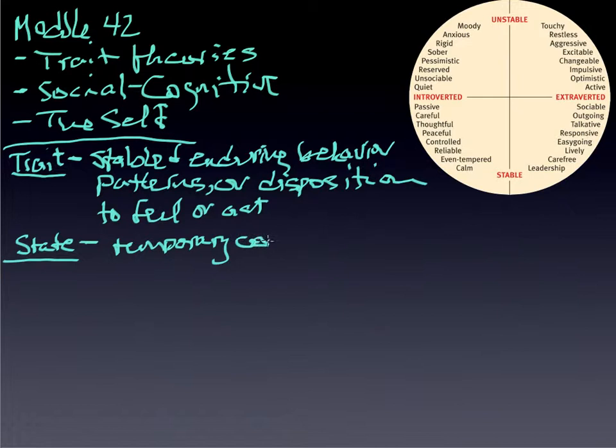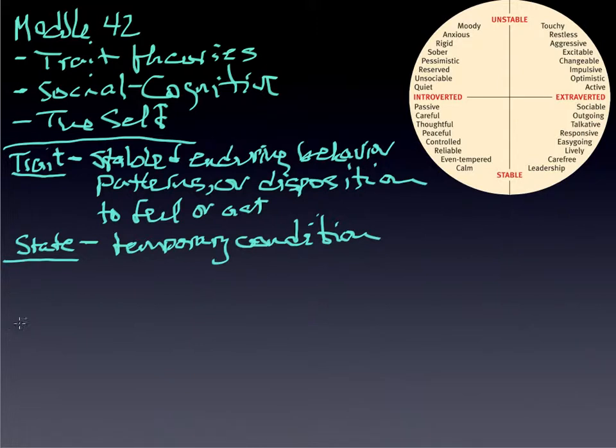So to contrast trait, we would look at someone's state, and we actually do that when we talk about anxiety, is that somebody might have a state anxiety. It's connected to the situation that they're in, or they might have a trait of anxiety, so they tend to be more of an anxious kind of person. So trait and state are key characteristics.